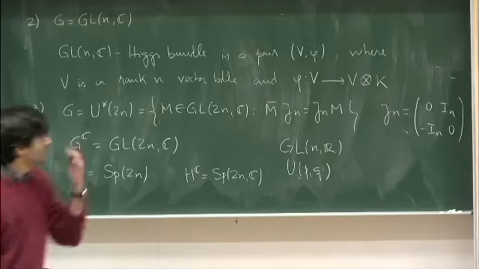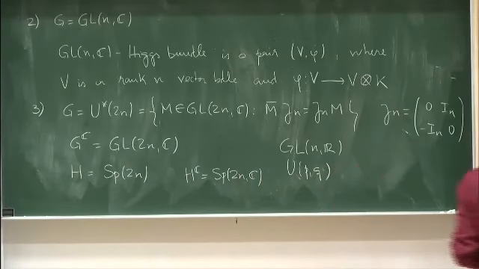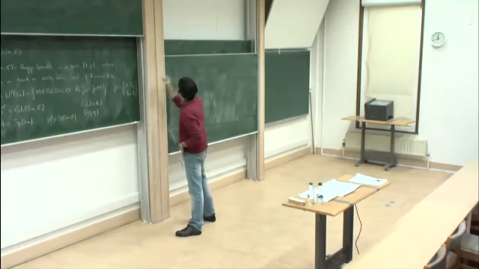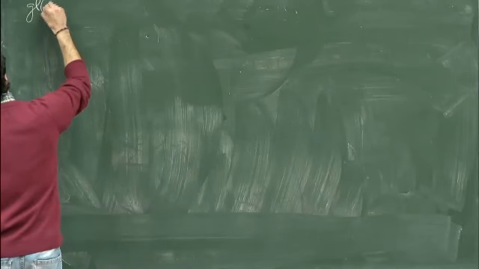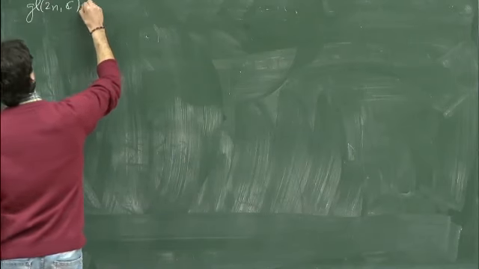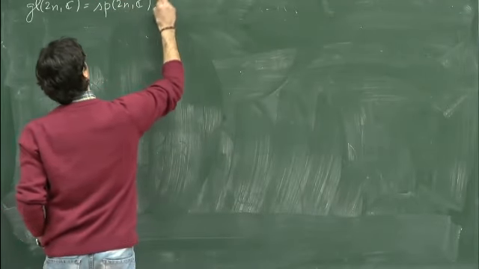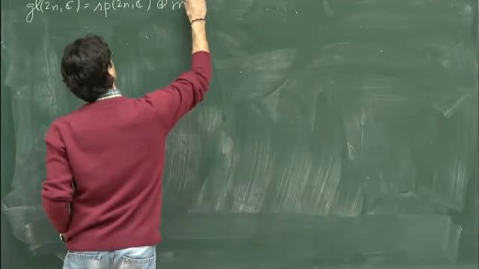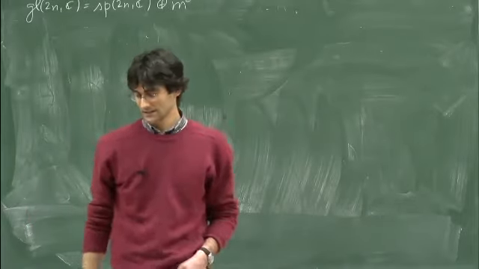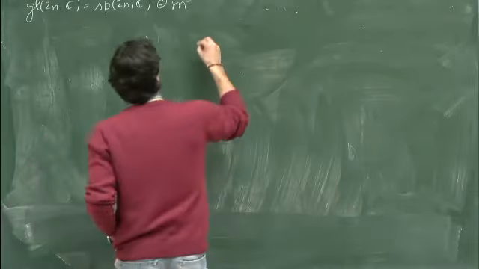And so the Cartan decomposition at the Lie algebra level is then gl_2n(C) plus M^C. Okay, and this M^C is, so, the matrices.